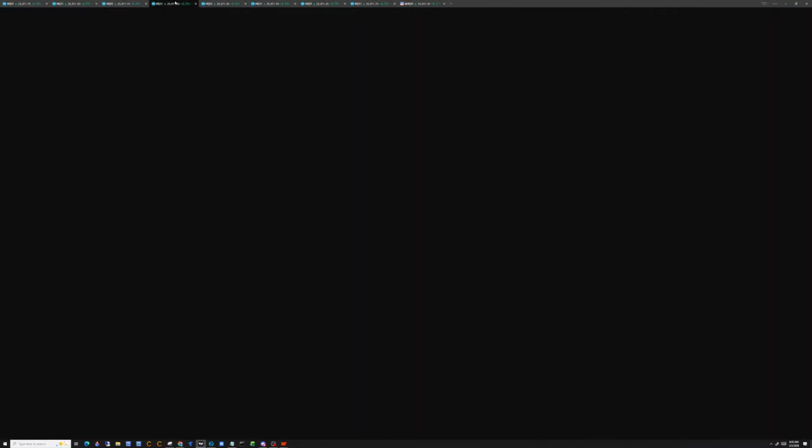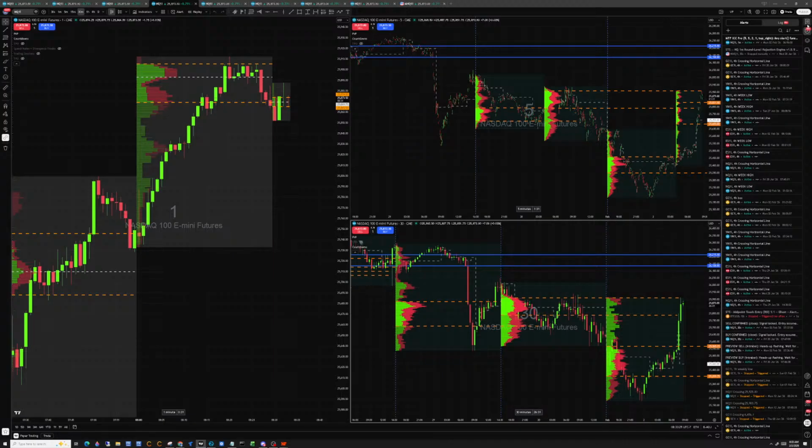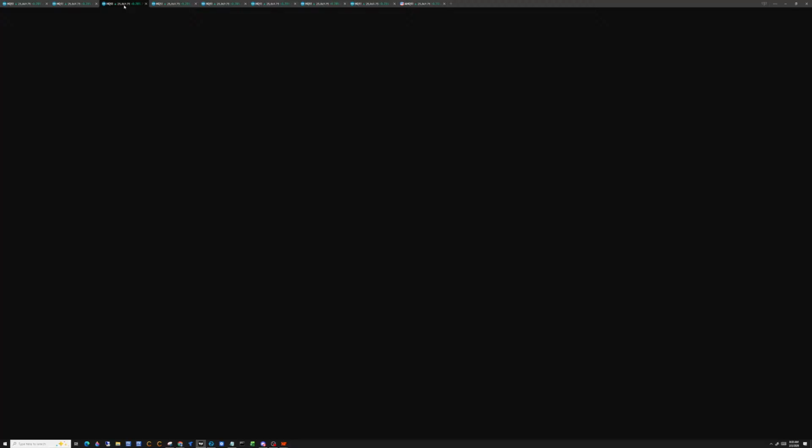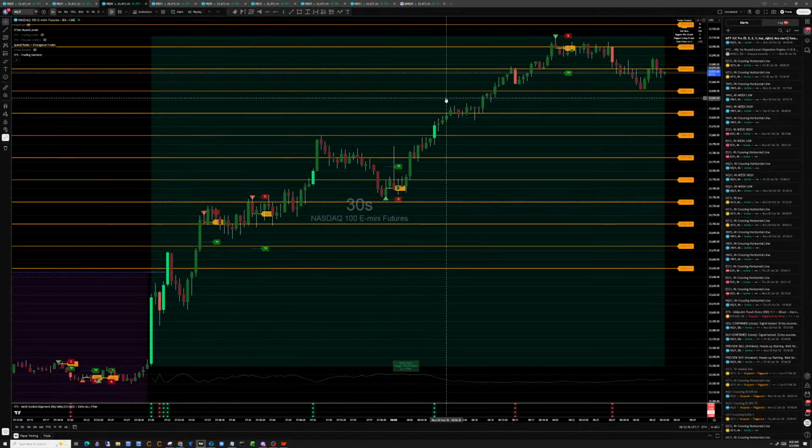I'm just going through and looking at how some of these indicators I've got plotted. I've got so many indicators that I'm testing right now, and some of them I decided to make multi-time frame.